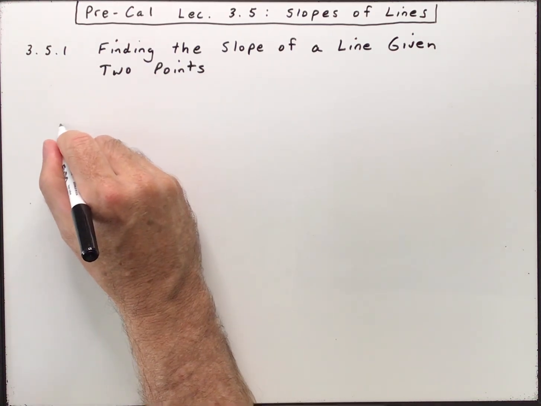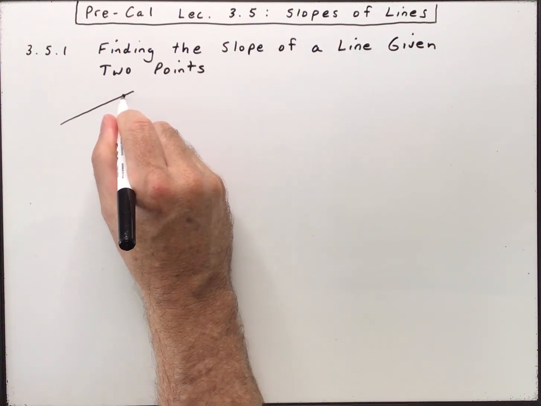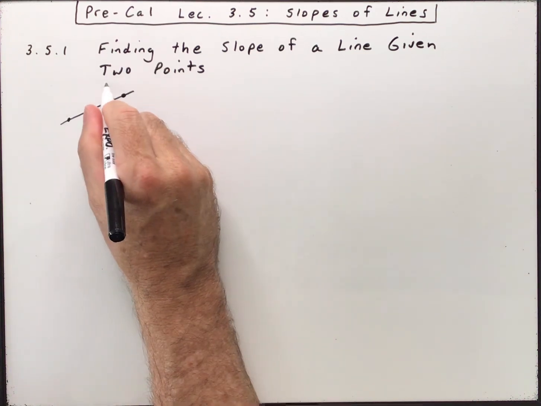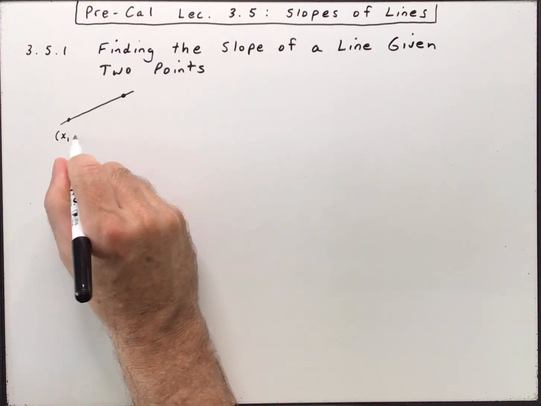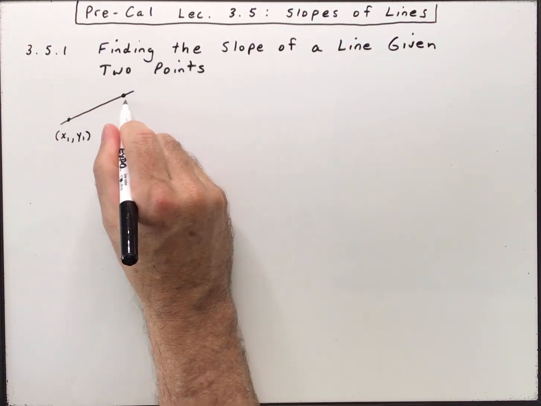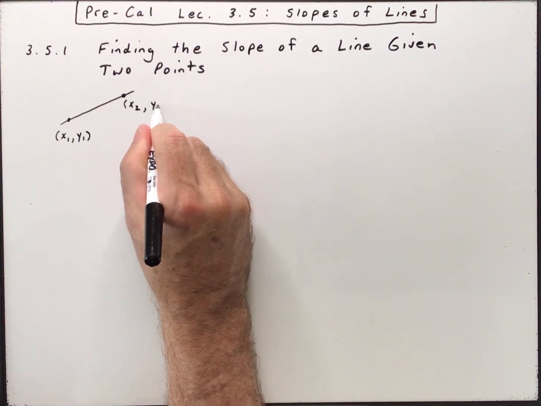So let's draw a line. And we will label a couple of points on that line. Let's say this is point x1, y1, and this is point x2, y2.